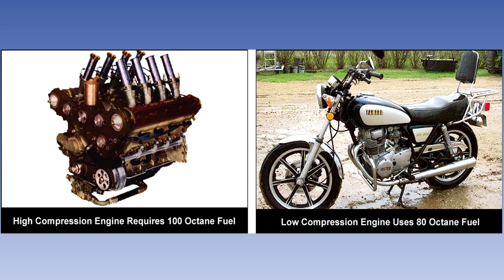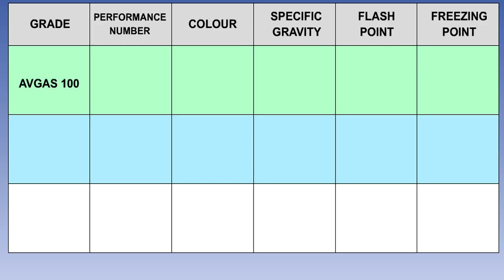High-performance engines with high compression ratios require high-octane fuel. Engines with lower compression ratios can use lower-octane fuel. The grades of aviation gasoline currently authorized and available are Avgas 100 and Avgas 100LL.